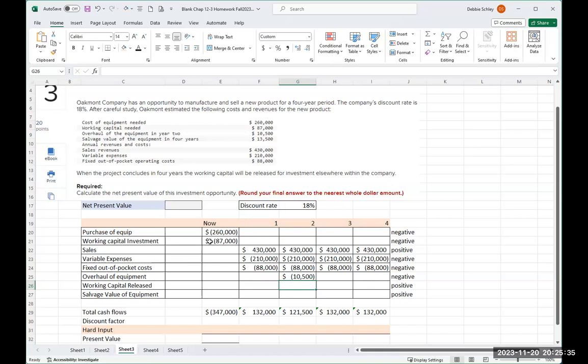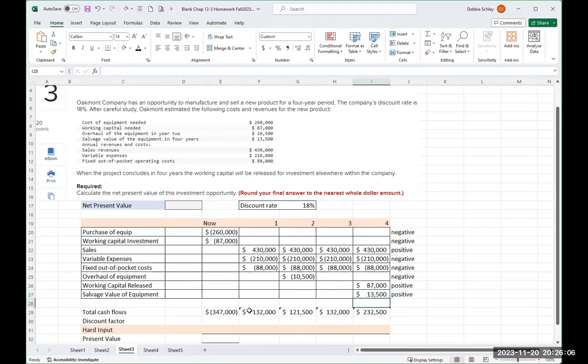That means this 87,000 that I invested at the beginning, in 4 years, I get it back. So a positive 87,000, right? Same as here, only it's a positive because I get it back at the end. And then the salvage value, that means that's money I get back. So that's a positive of 13,500.